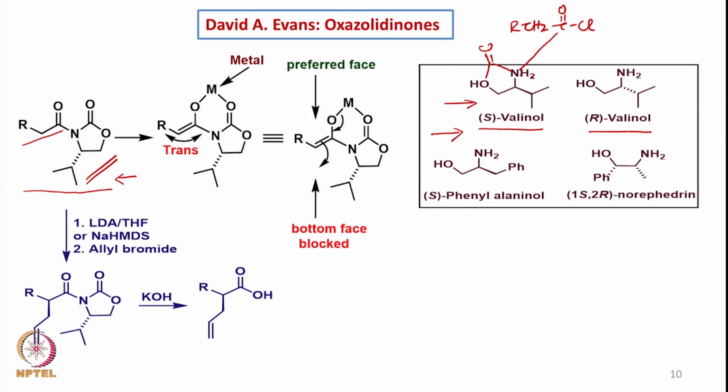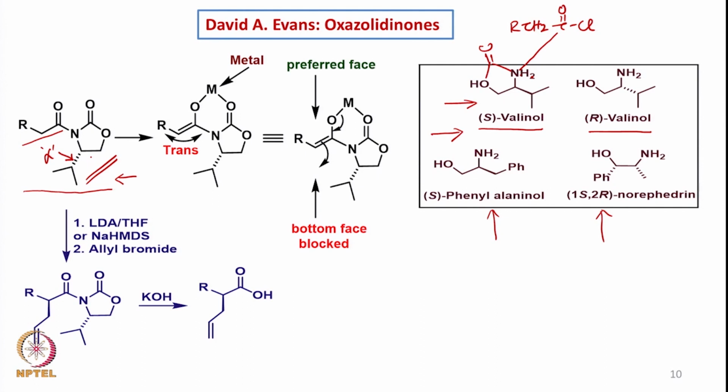Likewise, if we take R-valinol, then this will be beta. Right now this is alpha oriented, it can be beta oriented if we take R-valinol, and of course we can use many of these kinds of chiral auxiliaries to make different types of oxazolidinones like this, where the substituents here would be fixed in terms of their configuration.